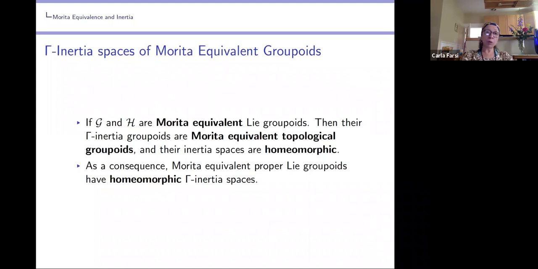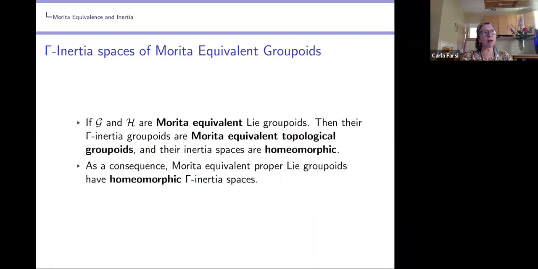If you have two Morita equivalent Lie groupoids, with the standard definitions, then the gamma inertial groupoids, those groupoids I've been talking about before, are Morita equivalent, but not as Lie groupoids, because when we start looking at those inertial groupoids, they're not Lie anymore.